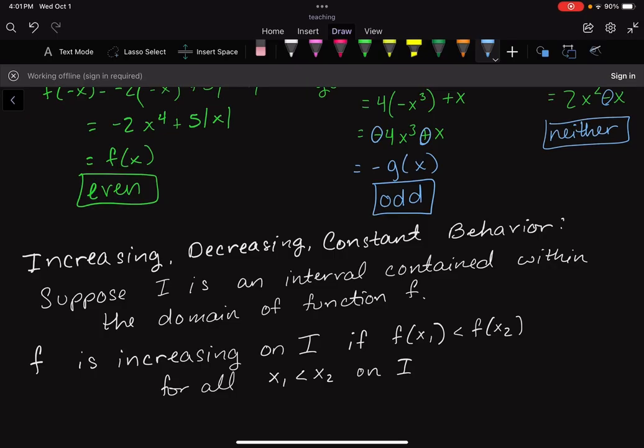Again, this sounds super mathy. All this is trying to say is, if your x's are getting bigger, your y's should also be getting bigger. And then you have an increasing function.